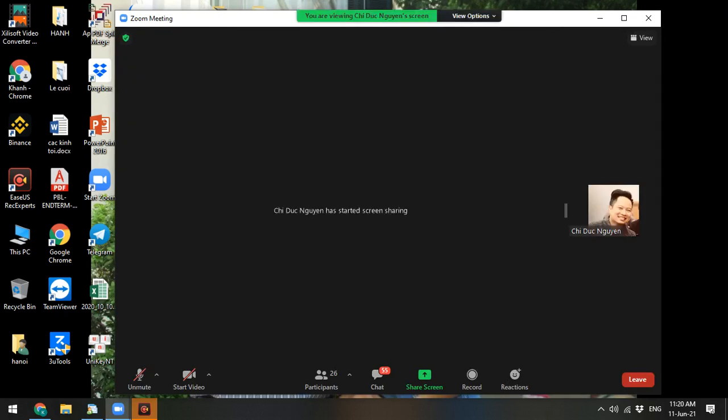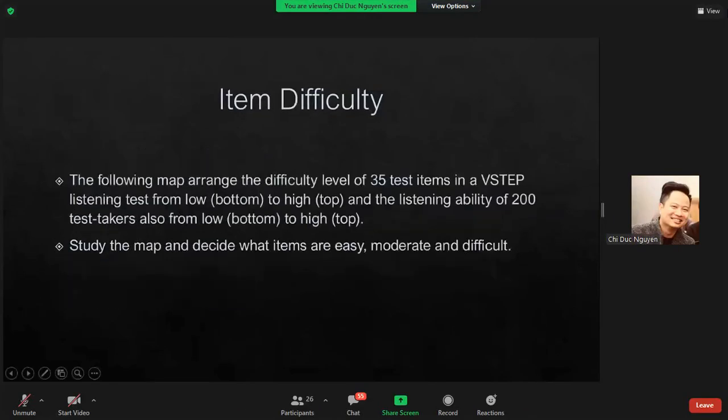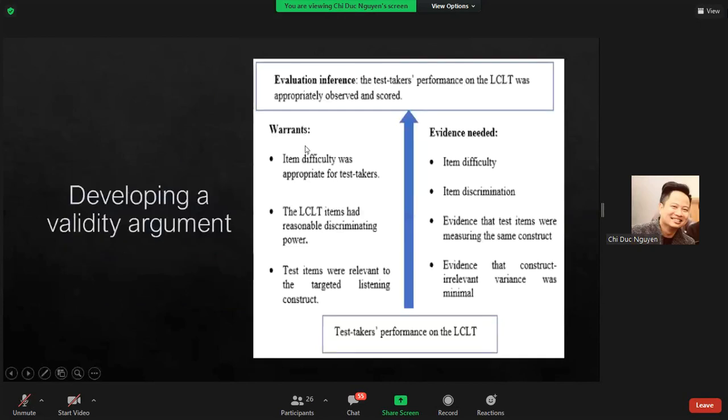Yeah, I would like to go back to this one. The variant over here says the test item difficulty was appropriate for test takers, but when we go into the evidence, it shows that the test items are too challenging for the current students. And it does not continually increase in difficulty as we suppose, because part number 2 is supposed to be moderate, but actually it is the most challenging part.